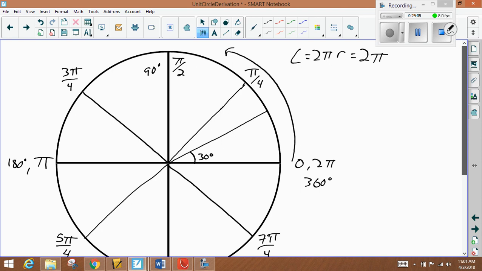All right. Well, what portion is this 30 degrees of this 180 degrees? The way that you can figure that out is just by making the ratio 30 over 180. That's 1/6.